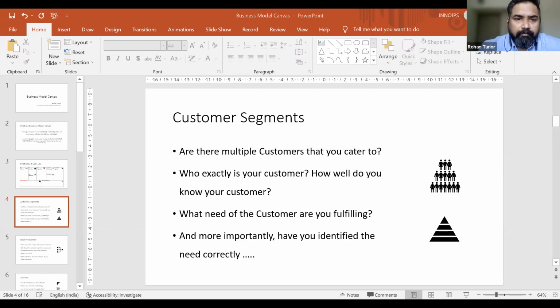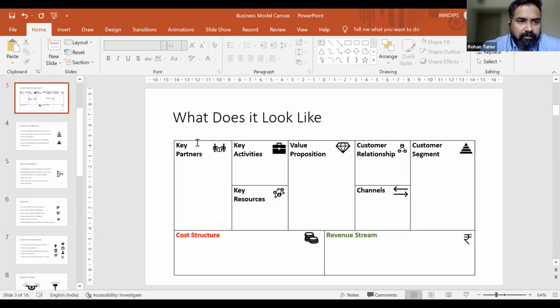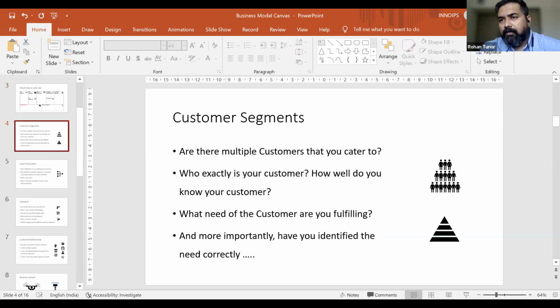Something is wrong with my system. Slides are not changing. Just give me a minute. The slides are visible, sir. They only have to be in slideshow mode. Yes, but I'm not able to do that. That's what I'm trying to do.